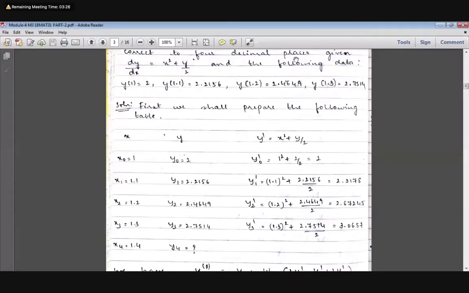Then press plus, because we are writing plus. Why? Because we have x square plus y by 2, so square we have to put.